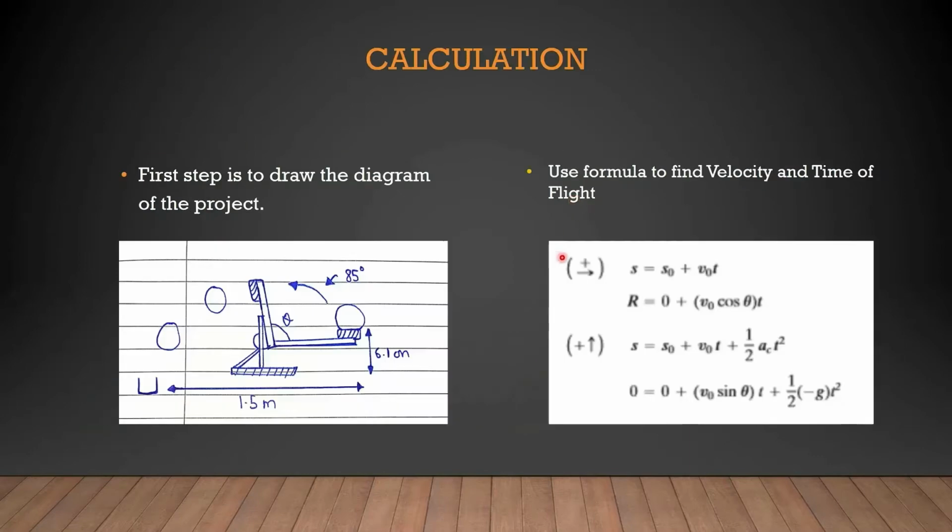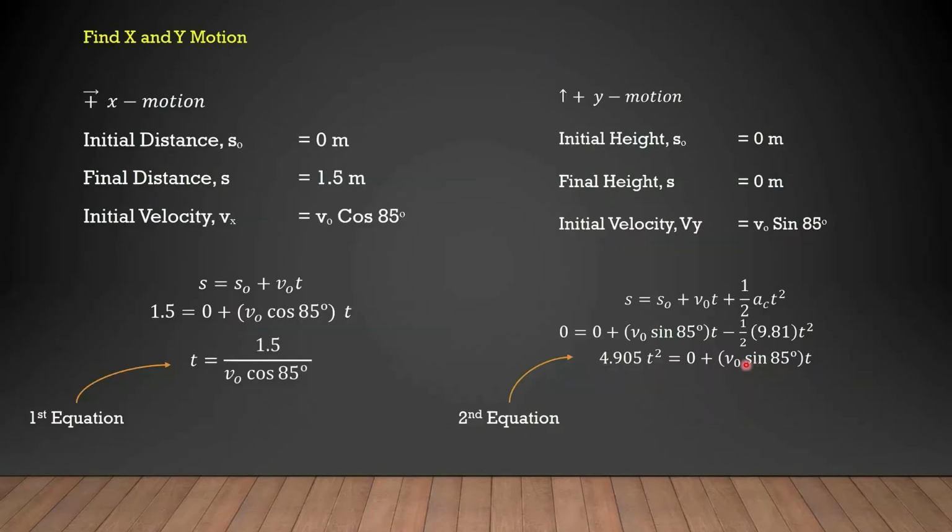So based on this formula, we can find the x and y motion. For the x motion, we have initial distance S0 equal to 0 meter, the final distance S is 1.5 meter, and the initial velocity Vx, we have V0 cos 85 degrees.